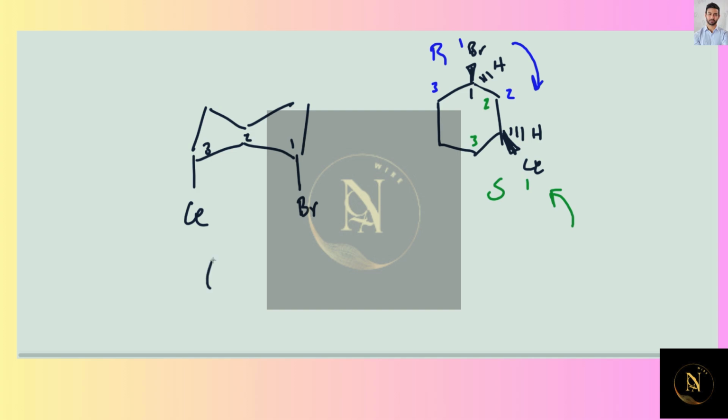So before we write anything, we need to indicate that this is 1R, 3S. Okay. Then we can start in on the rest of the name. We know it's 1-bromo and 3-chloro, and it's cyclohexane altogether. Okay, so that's the IUPAC name with stereochemical designation.